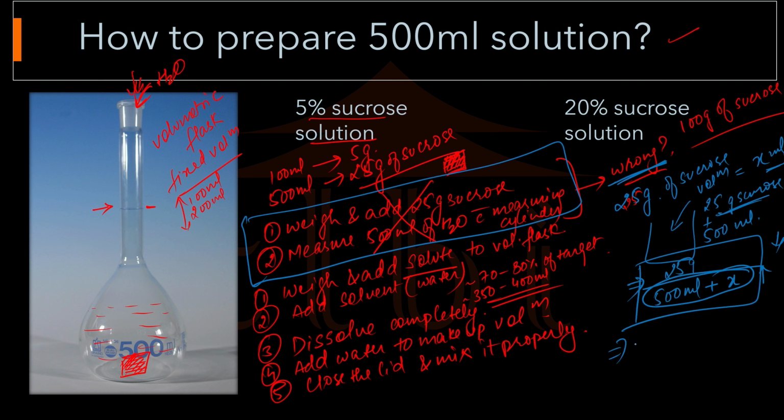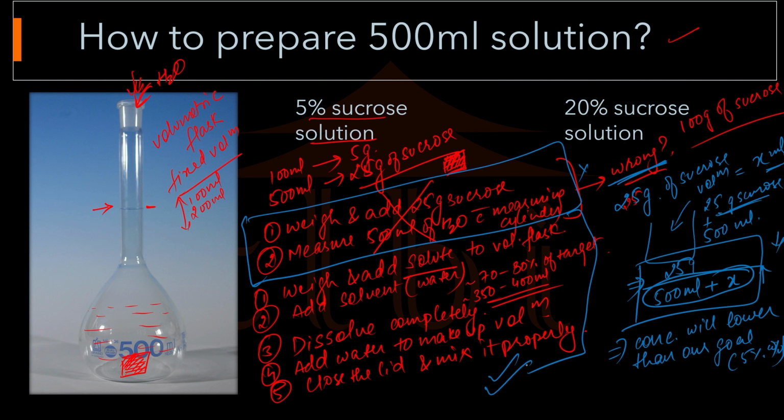So our concentration will be lower than our goal. And what was our goal? 5% weight by volume. Alright. So that is the reason why this method is wrong, and you have to always follow this method. Okay.